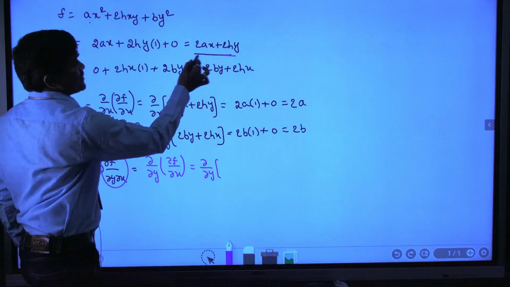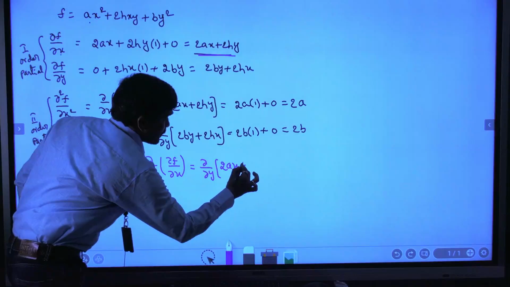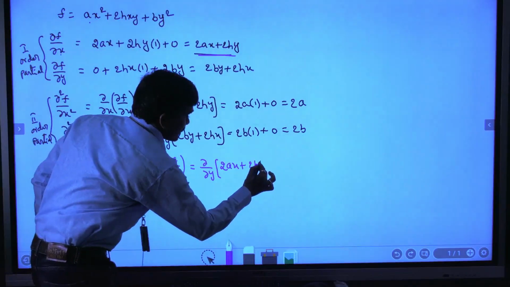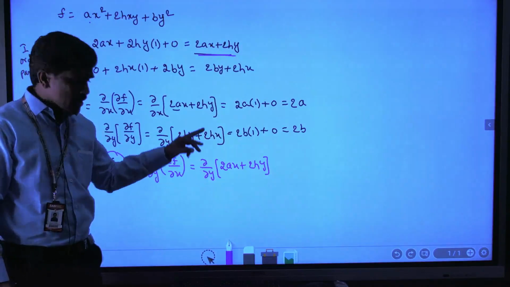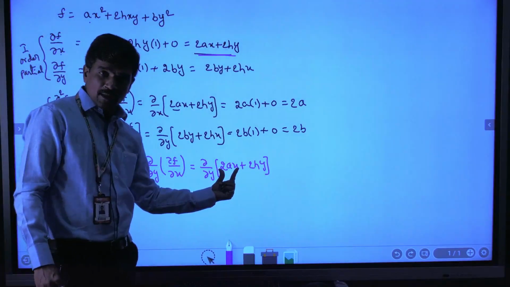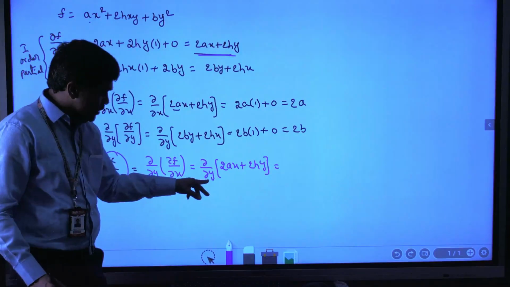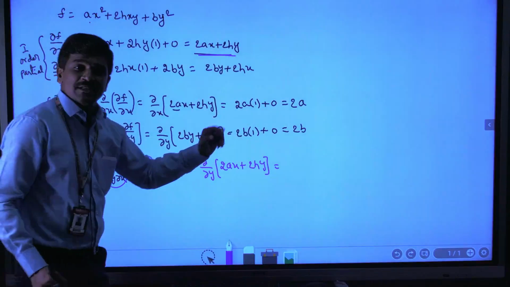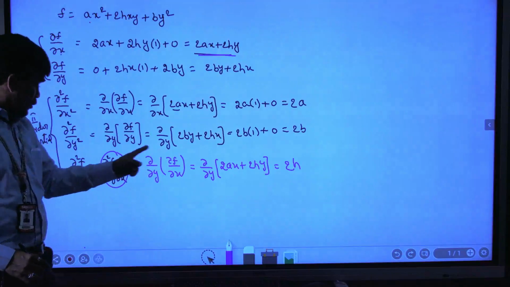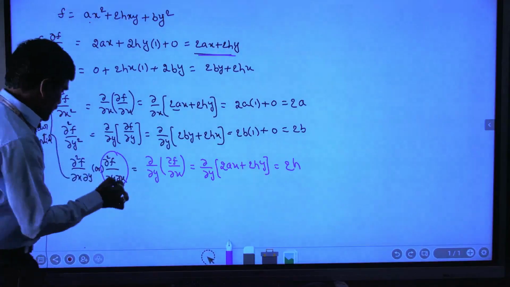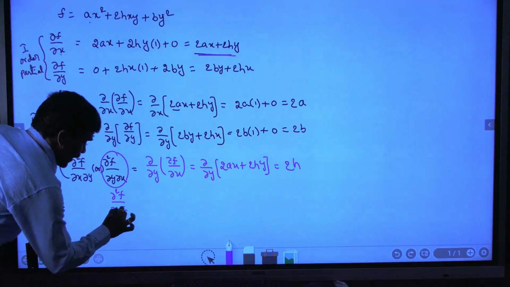Here dou f by dou x is 2ax plus 2hy. Now take the derivative of this function with respect to y. 2ax is constant, so its derivative is 0, plus 2hy: here 2h is constant and the derivative of y is 1. So finally we get 2h. This is dou square f by dou y dou x. But again, find dou square f by dou x dou y.